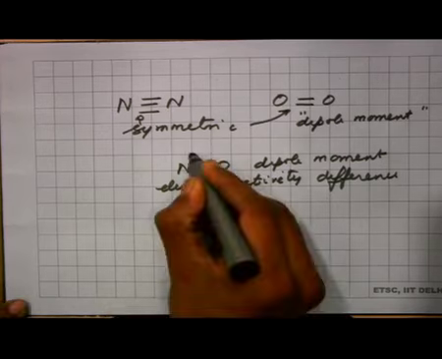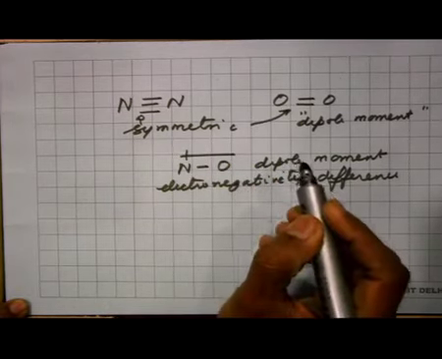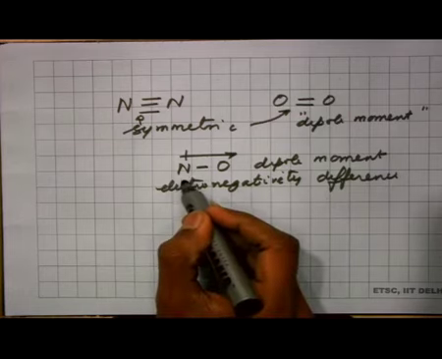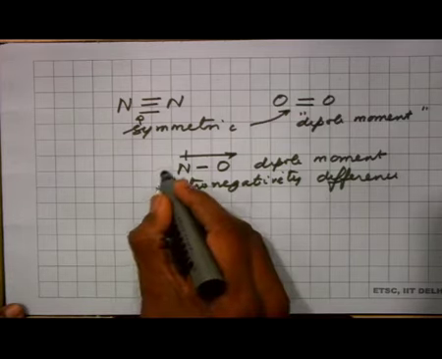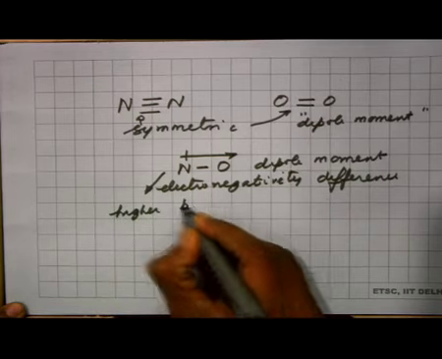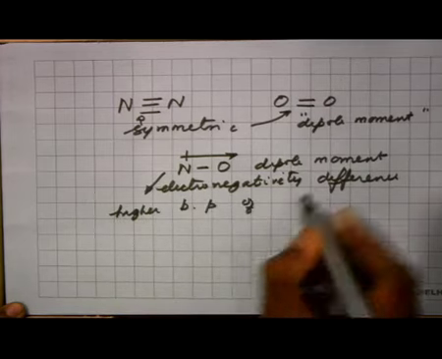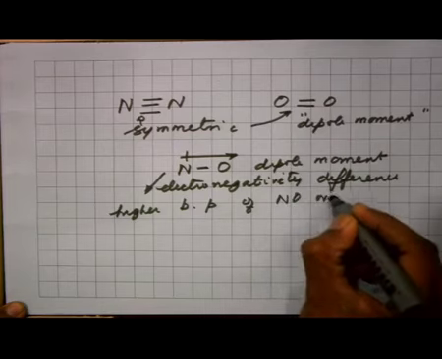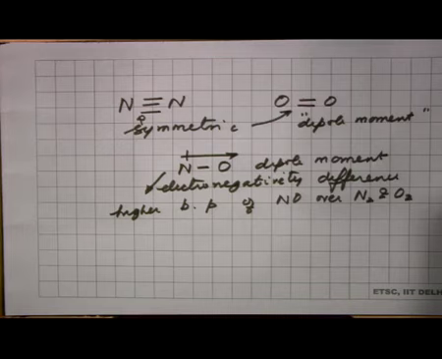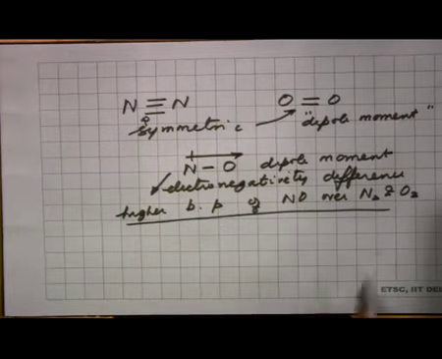So, there is a dipole moment, and this dipole moment is what leads to the higher boiling point. So, what is it about this dipole in NO which causes this to happen?